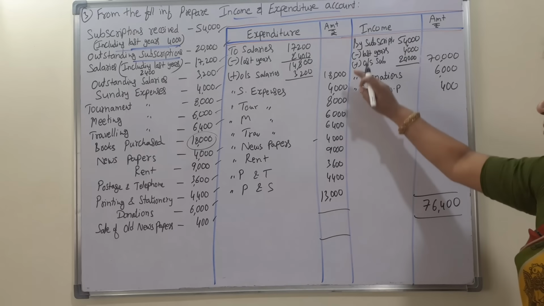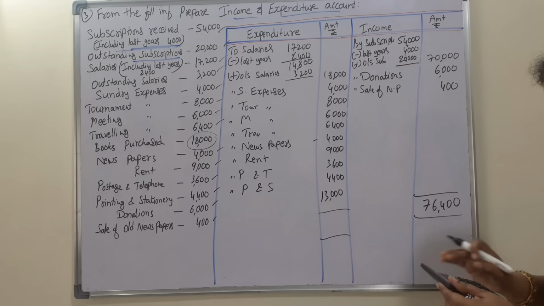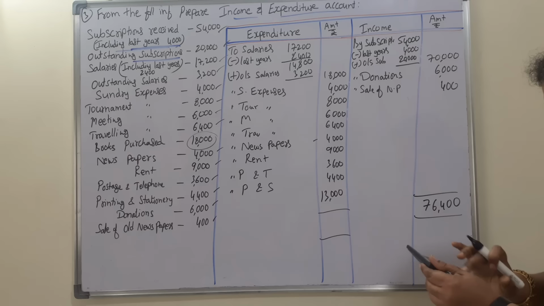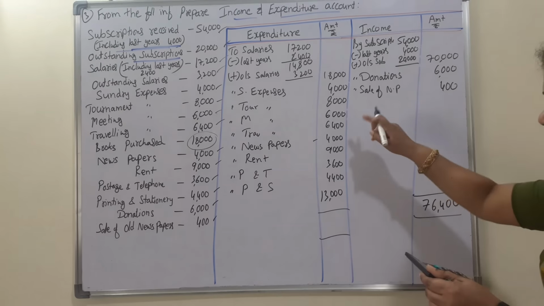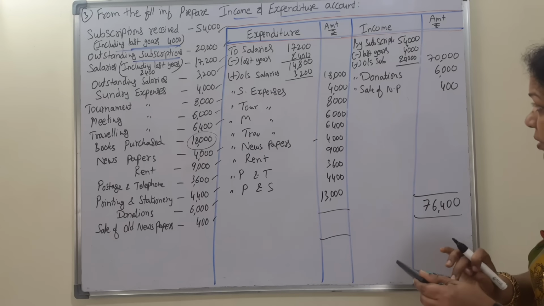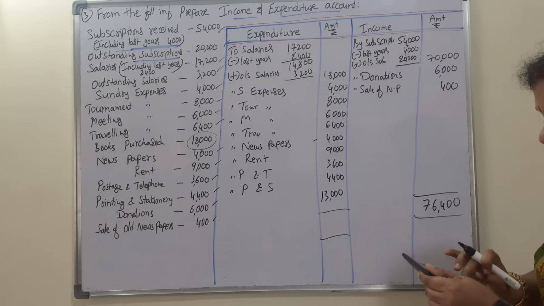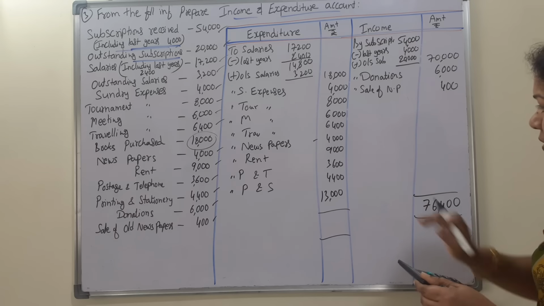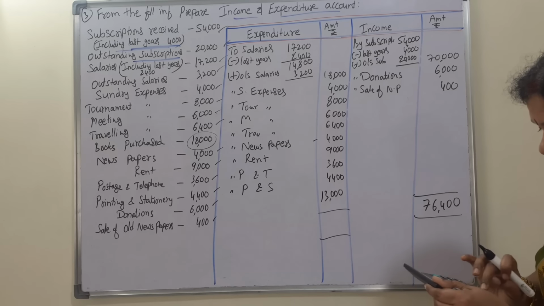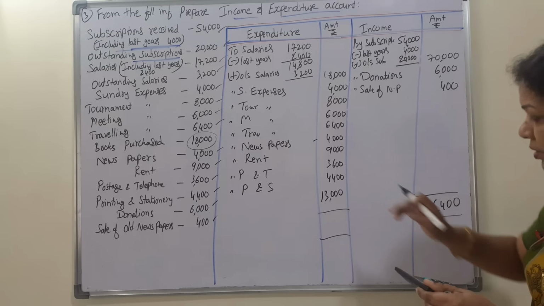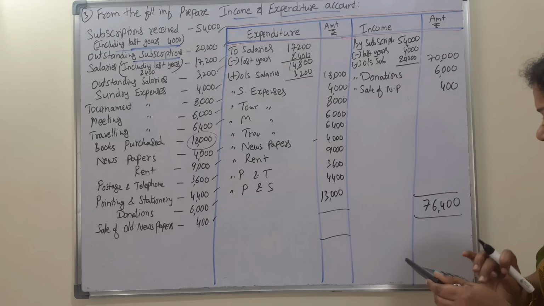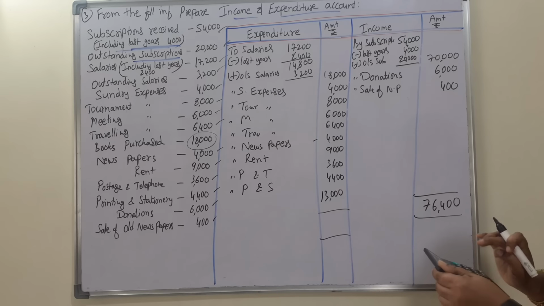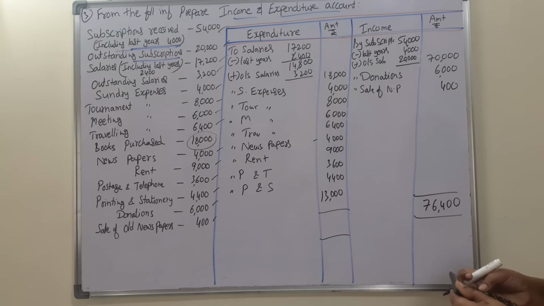For recheck, we can calculate everything. It should be equivalent to this: 13,000 plus 18,000 plus 4,000 plus 8,000 plus 10,400 plus 13,000 plus 3,600 plus 4,400. Yeah, 74,600. Something somewhere is gone.